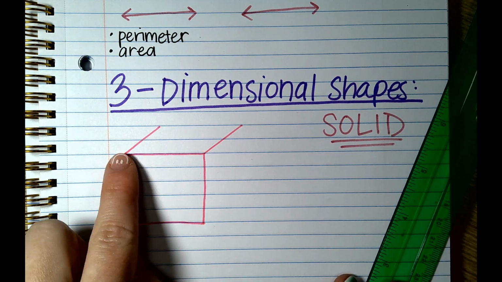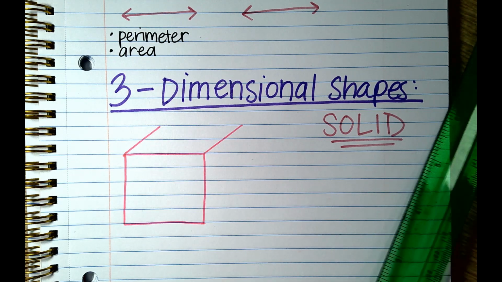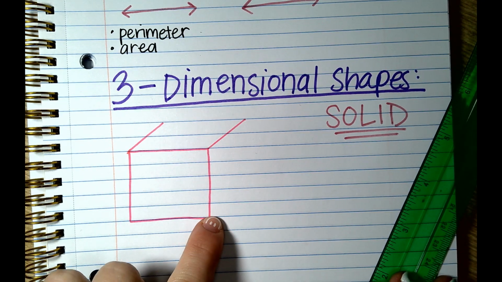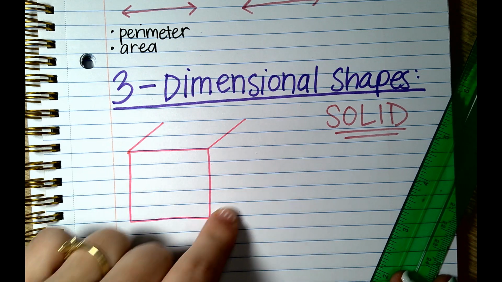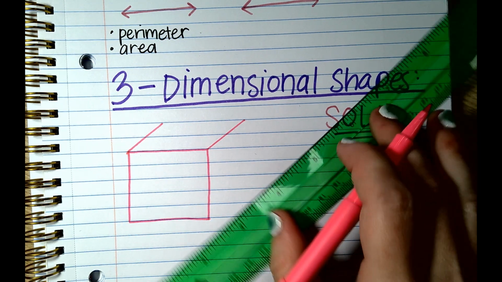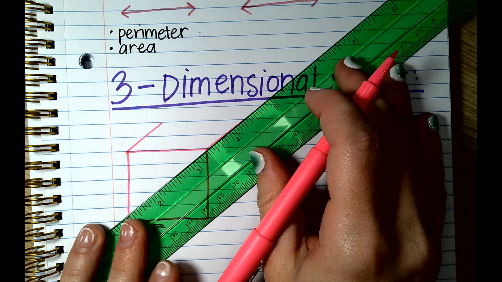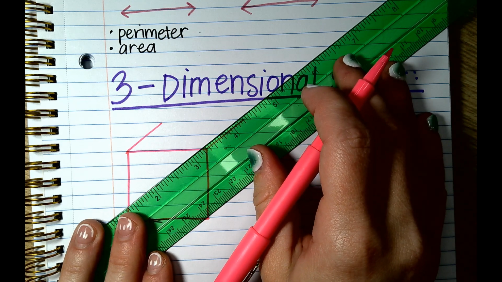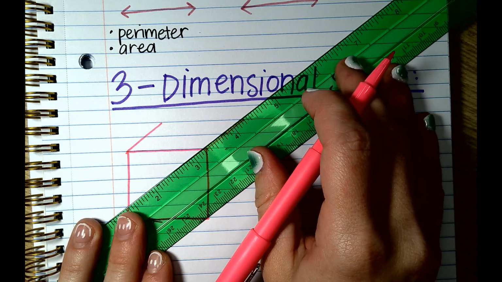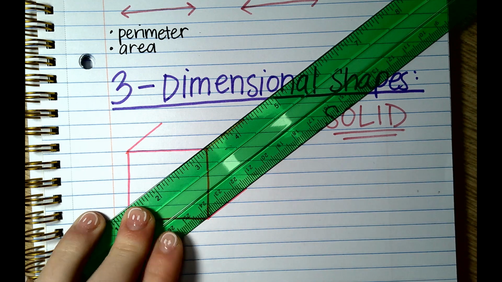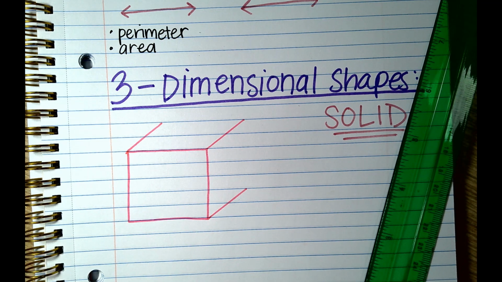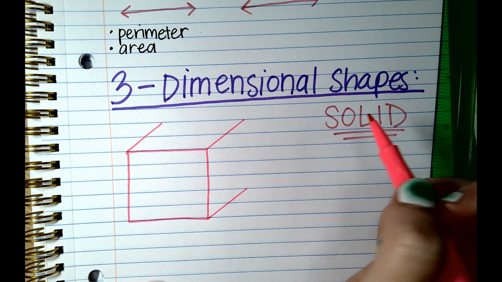Okay, so I've got two lines coming off. And now I want to go ahead and extend this third vertex, this third point as well. And I want to try to line it up as close to the same angle as those other lines. Like that. Okay.